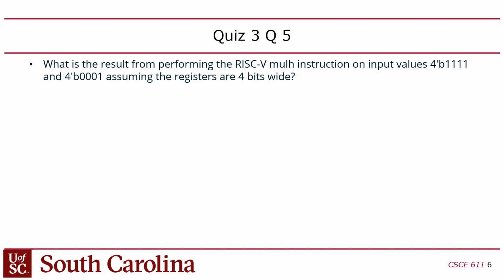So notice that the low is the same on both, right? That's why there's no MULU. There's only a MUL, because the low, it makes no difference on the low part, but the high, it makes a difference whether you're looking at 1111 as a 1 or as a -1 or a 15, right? So the answer to this question would be 1111, right?